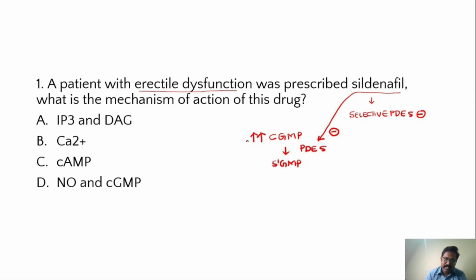These increased cyclic GMP will enhance the activity of the nitric oxide. This nitric oxide will cause vasodilatation in the corpora cavernosa, thereby it leads to erection.